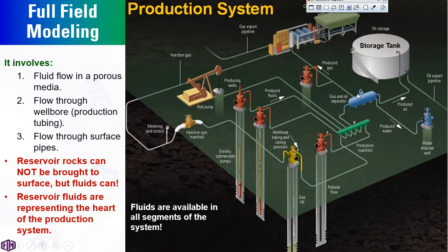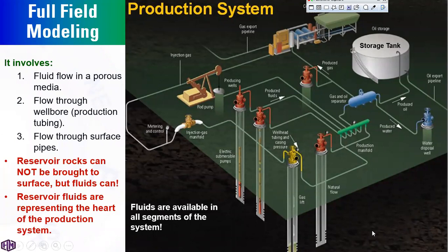Then to the oil and gas separation unit, two-phase or three-phase separation, and oil will be directed to the storage tank after specific processing steps based on the fluid properties and the fluid composition and so on.